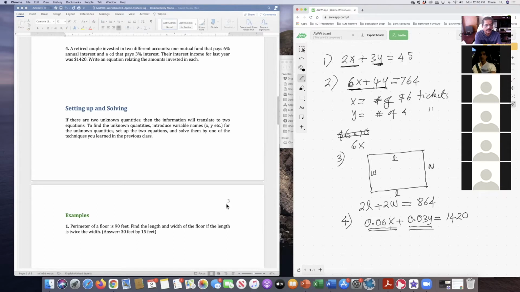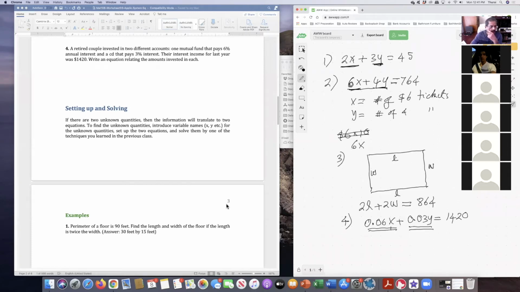For example, if they say, determine how much was invested at the 6% rate and how much was invested at 3%, then you call them x and y, set up the equations, and solve them. At the end, you present the answer as so much was invested at 6% and so much was invested at 3%. Don't answer in terms of x and y. x and y were introduced by you, so the answer should not talk about x and y. It should talk about what they represent. That's how you conclude your solution.